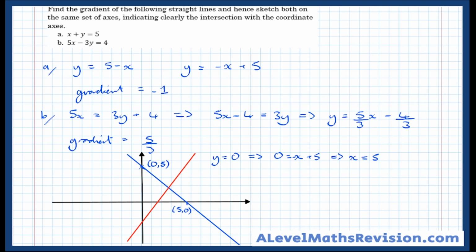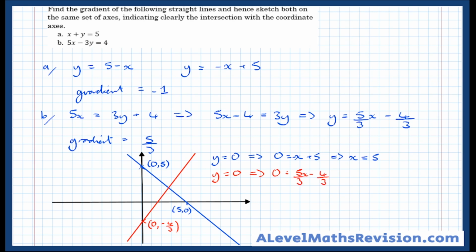Let's label the y-intercept now. So 0, minus 4/3. And the gradient 5/3. And now we just need the x-intercept. So y equals 0, which implies 0 equals 5/3 x minus 4/3.